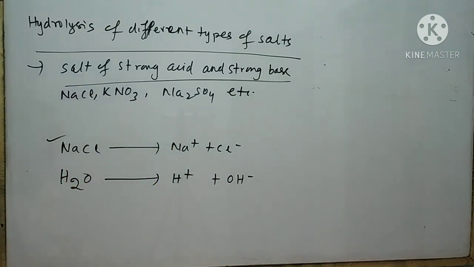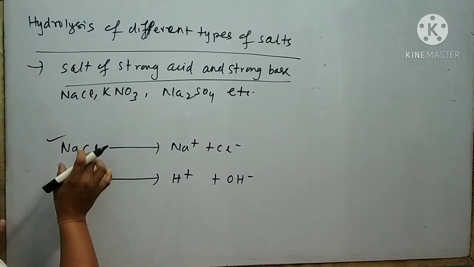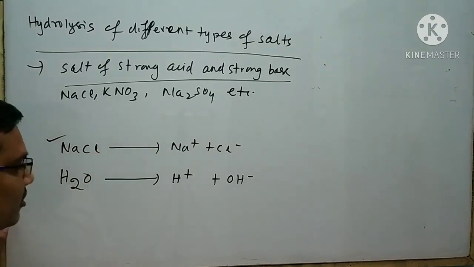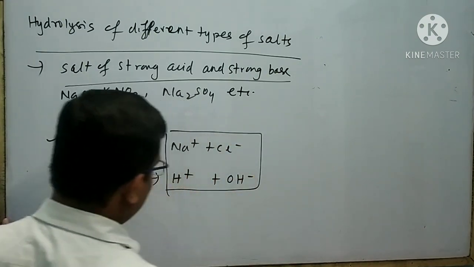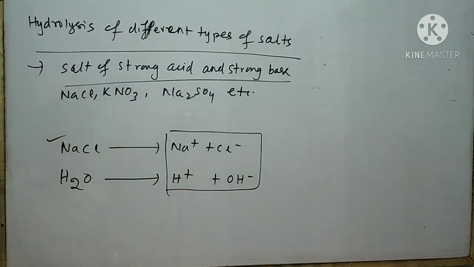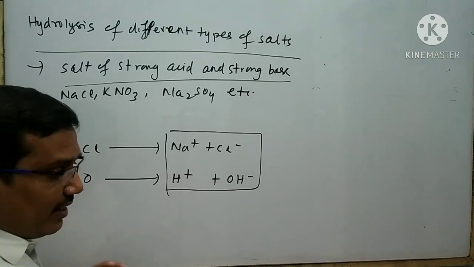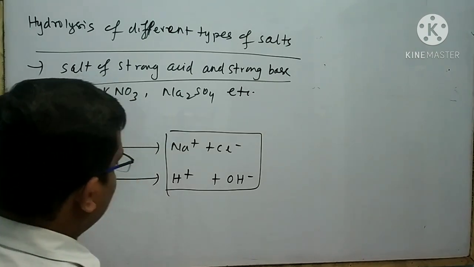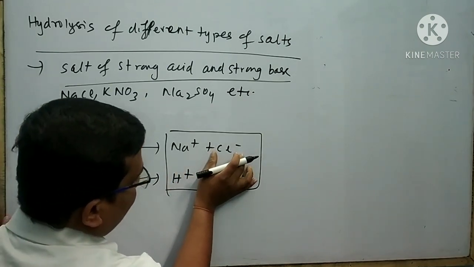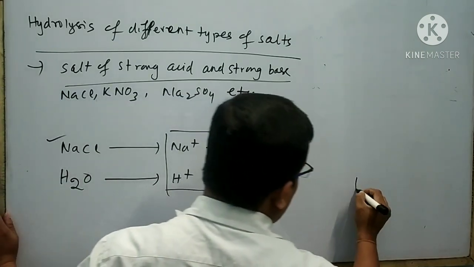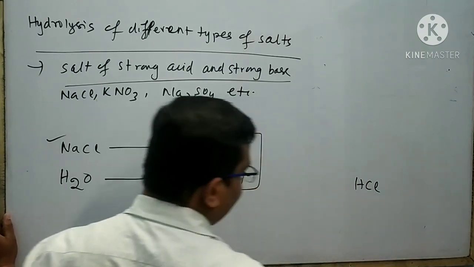We know that hydrolysis means interaction of the ions of the salt with the opposite ions of the water. That means here an interaction takes place between opposite ions. There are many choices for the interaction. Here H plus ion interacts with Cl minus ion and wants to form the acid HCl.